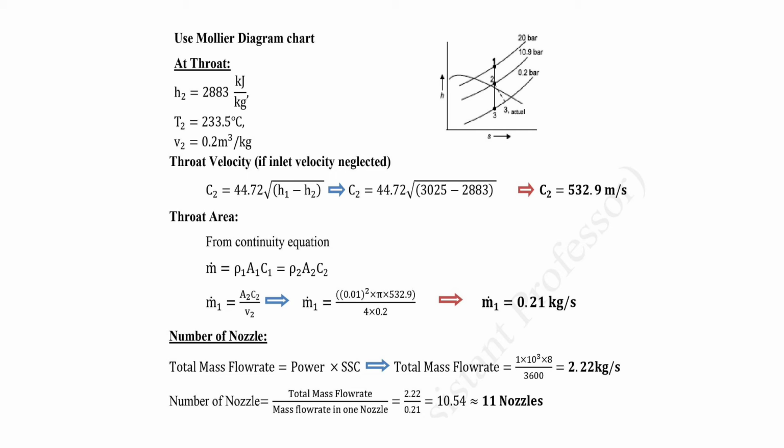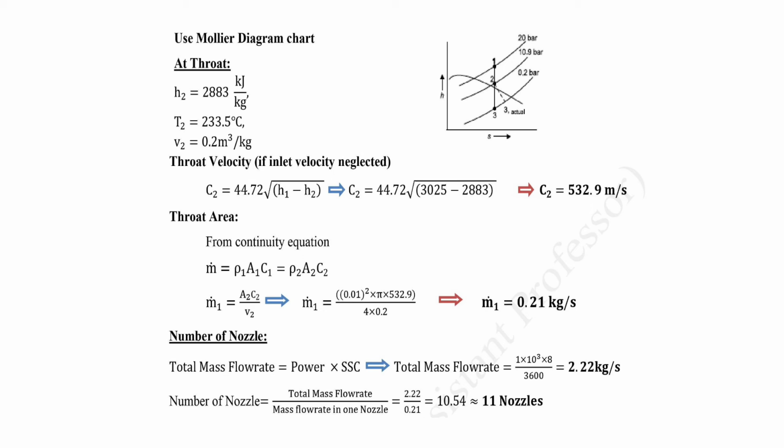We can obtain the H2, T2, V2 values, and then the throat velocity. If inlet velocity is neglected, C2 is equal to 44.72 square root of H1 minus H2.